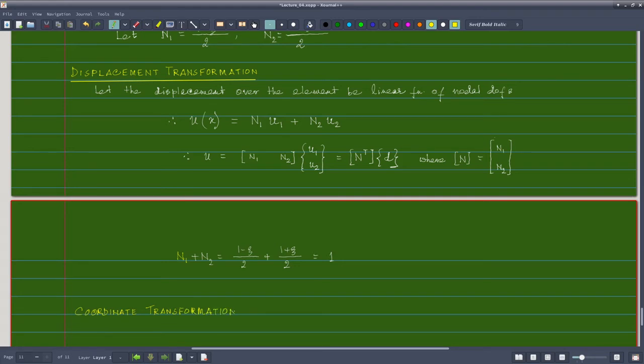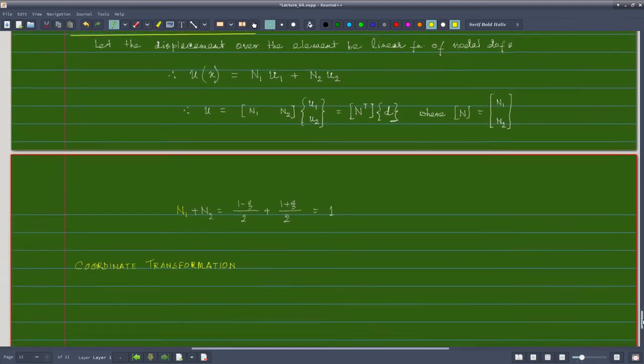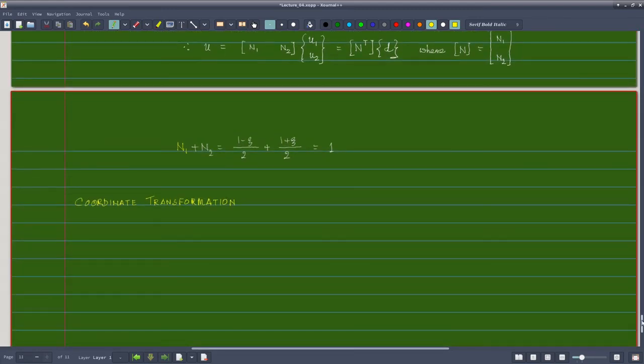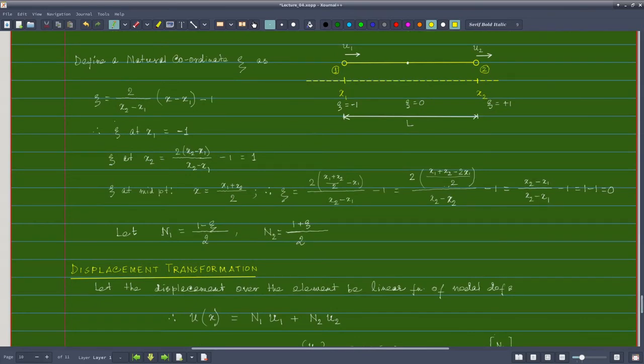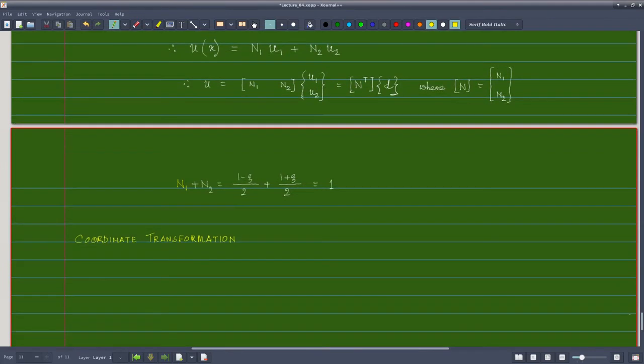Here what I will do, I will express the location at any point within the element in terms of the nodal locations. Okay. For that we come from the definition of xi. We have this definition of xi. So let us write it.